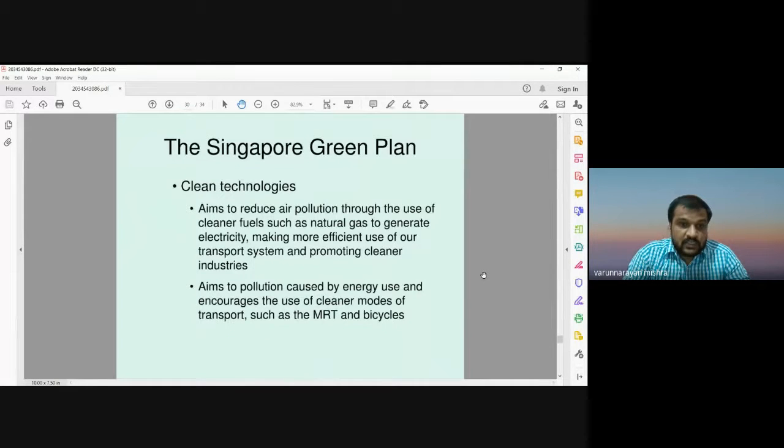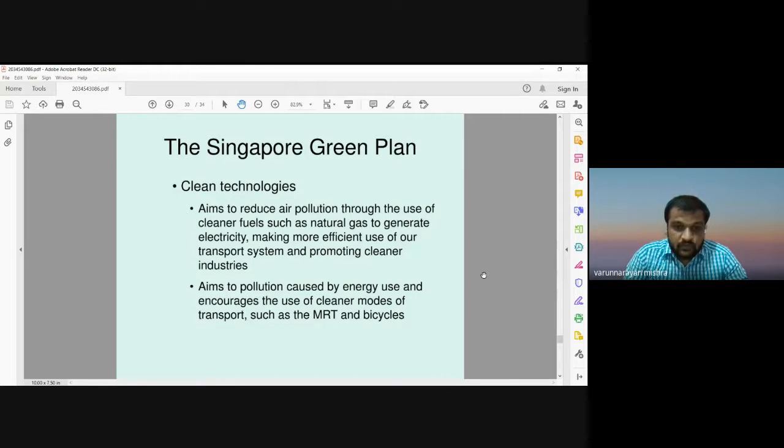Clean technologies also aim to reduce pollution caused by energy use and encourage cleaner modes of transport such as the MRT and bicycles. So clean technologies are also a part of the Singapore Green Plan. They aim to promote the use of cleaner fuels, bicycles and public transport, which can be used to reduce the pollution level in that area.